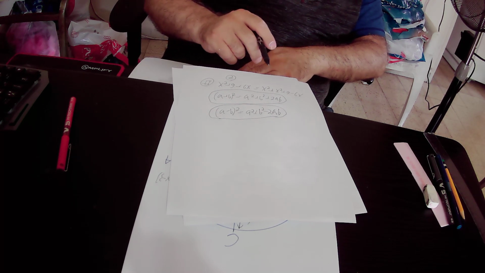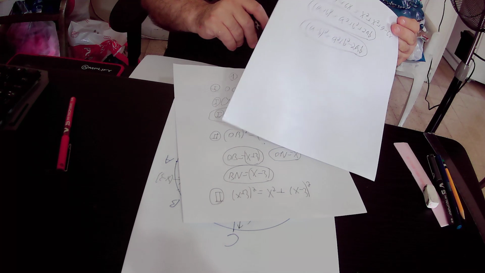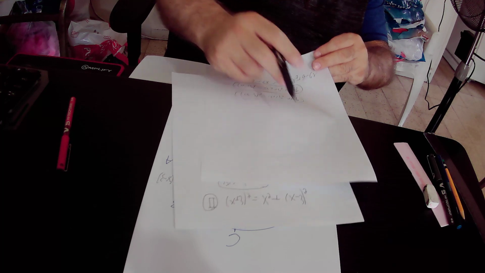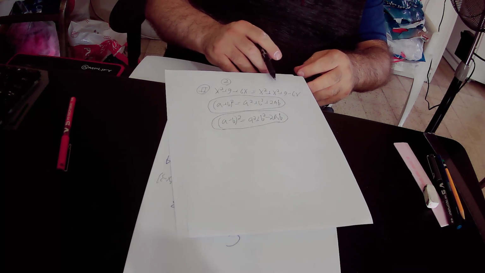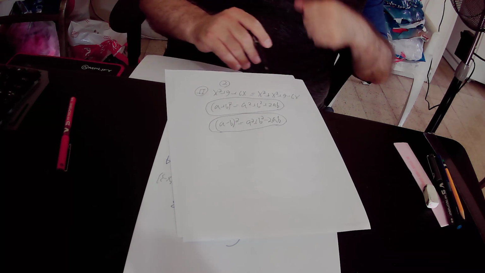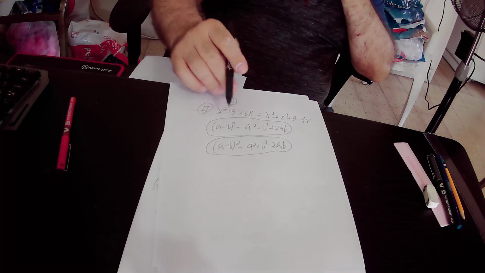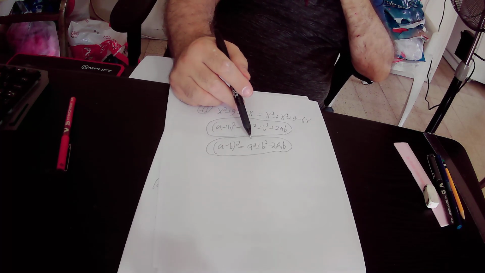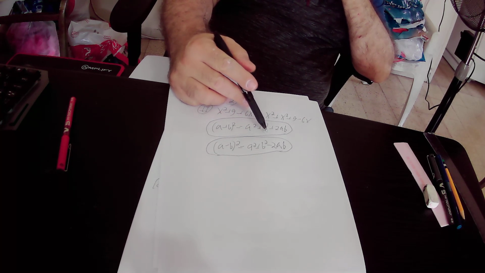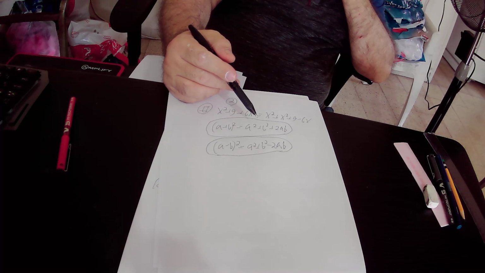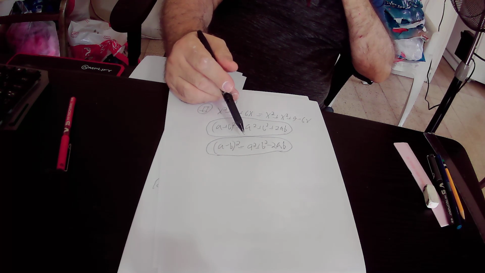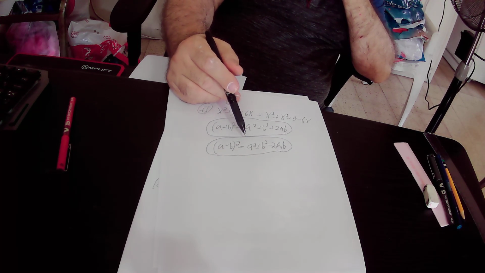Okay, and then we copied x square here, and x minus 3 square equals x square plus 9 minus 6x, according to the formula that a minus b square equals a square plus b square minus 2ab, when a equals x and b equals 3.